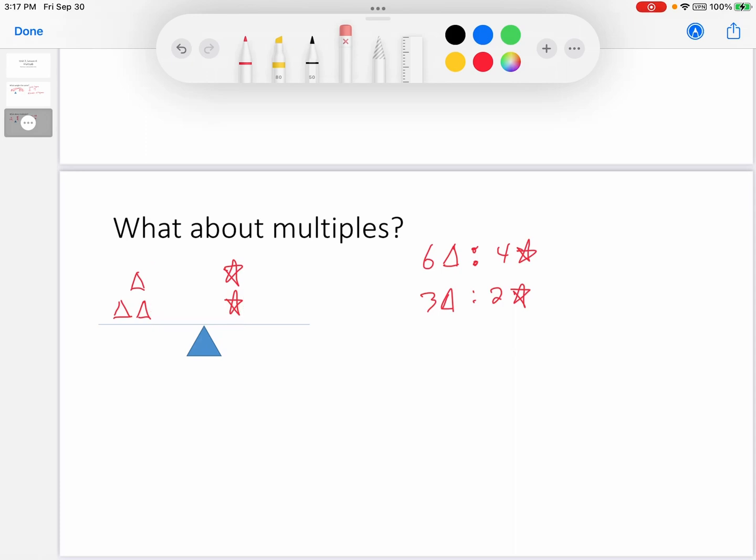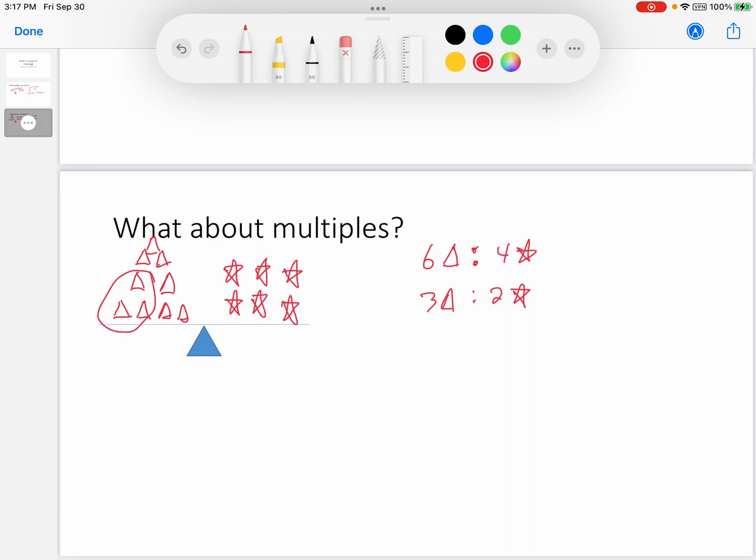Well, let me draw a picture first. So I'm going to start with the 3 triangles is the same as 2 stars, and then I'm going to draw another set of triangles, 3 of them, and another set of stars, 2 of them, and another set of triangles, 3 of them, and another set of stars, 2 of them.